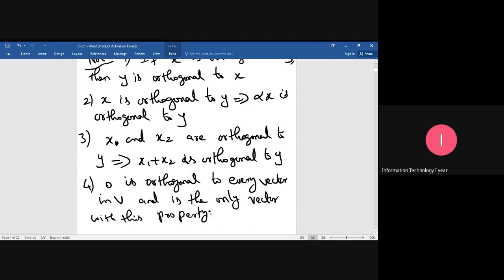So what the fourth property says: 0 is orthogonal to every vector, that is understood. Inner product of x comma 0 is 0, multiplying a vector with the 0 vector is definitely 0. Then inner product of y comma 0 is also 0. Therefore, the fourth property says 0 is always orthogonal to every vector in V.